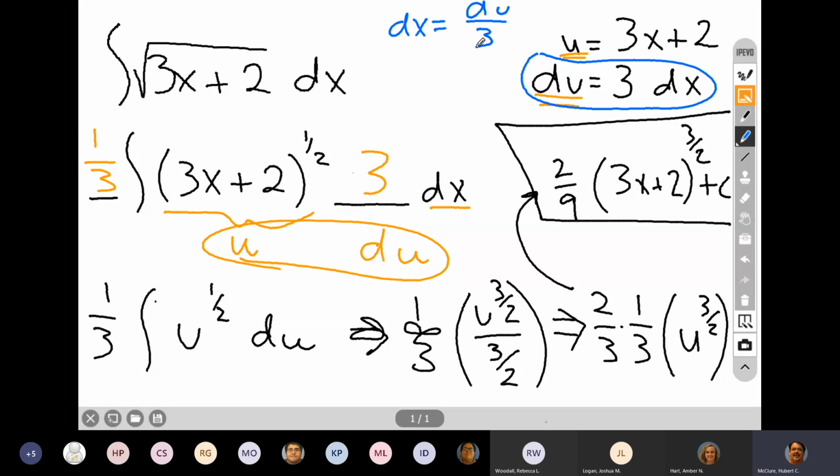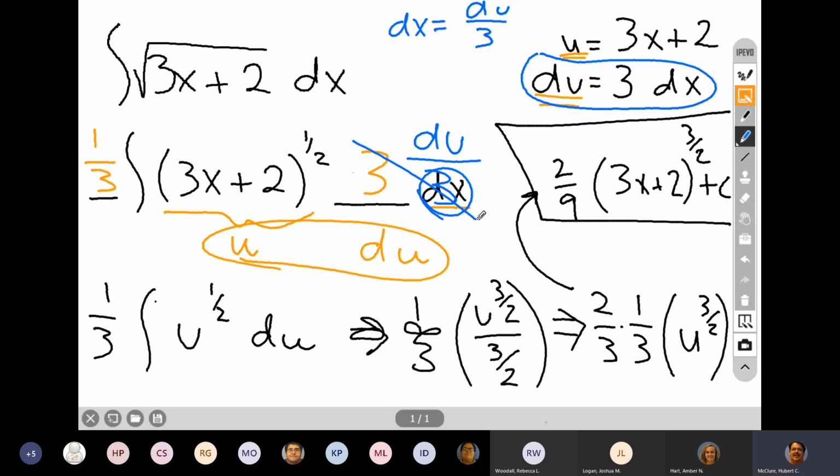So you actually could put this dx right here. You could say du over 3. And what happens to the 3's? Now, there are some teachers that show it that way. I don't, because to me, that's more confusion.